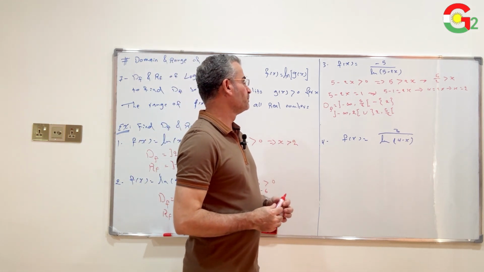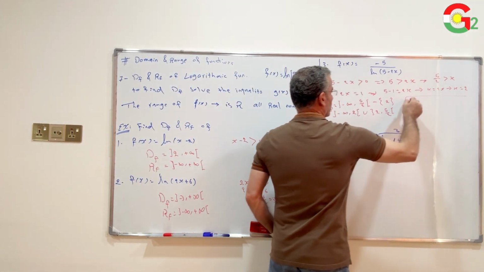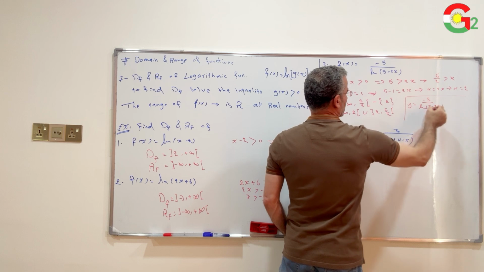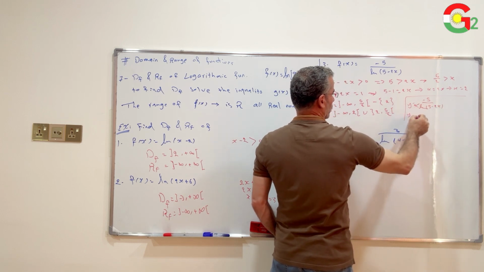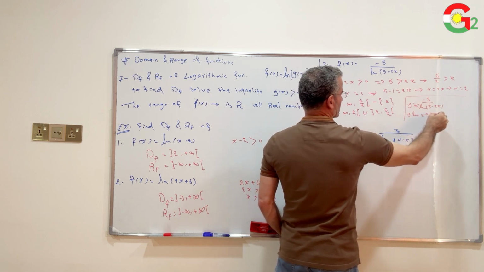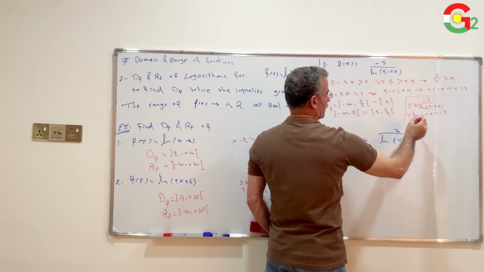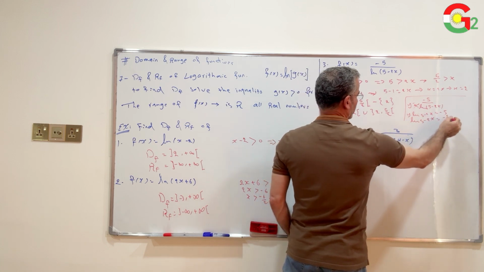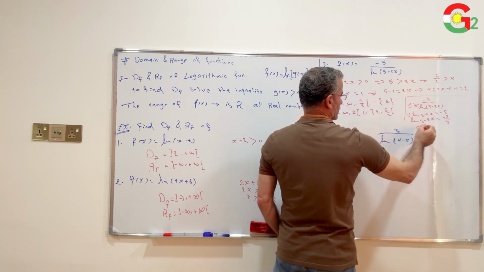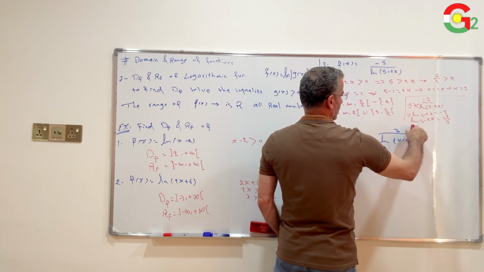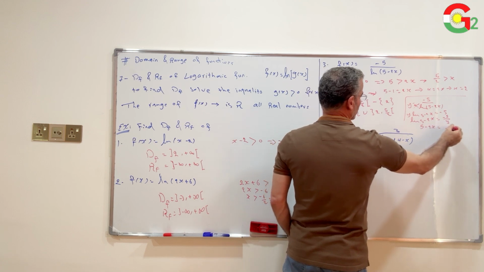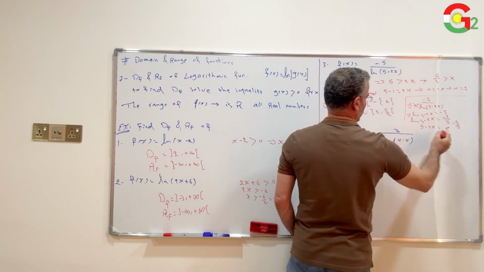For the range, I set y equal to negative 5 over ln of 5 minus 2x. Cross multiplication, y ln of 5 minus 2x equal negative 5. Divide by y, ln of 5 minus 2x equal negative 5 over y. Take the exponential of both sides, the exponential will remove the ln, then 5 minus 2x equal to e to the negative 5 over y.